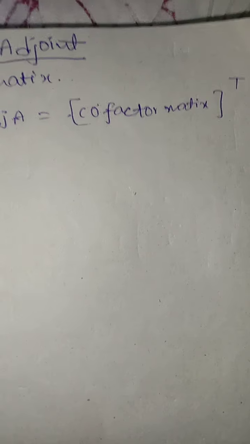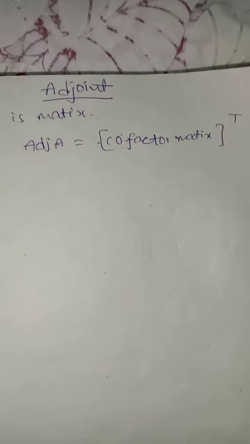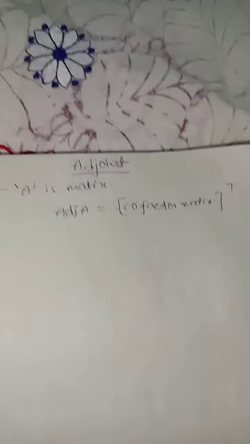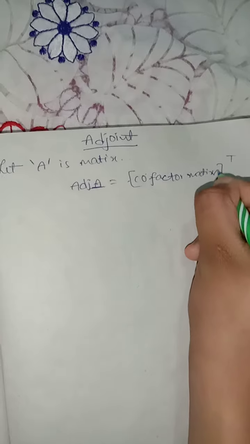What's this? How can we find the cofactor matrix of any matrix? Let A be a matrix, then the cofactor matrix of A whole transpose is known as the adjoint. I am saying that. So how can you find the cofactors?